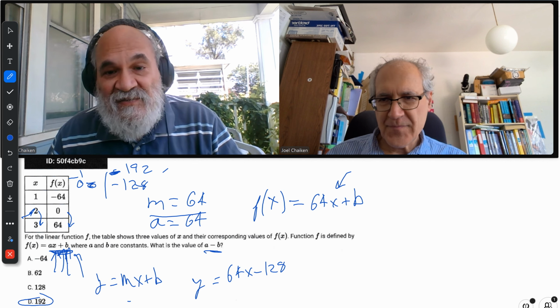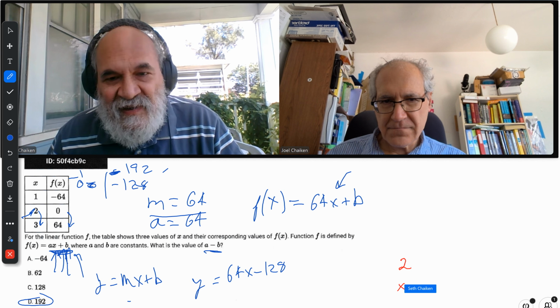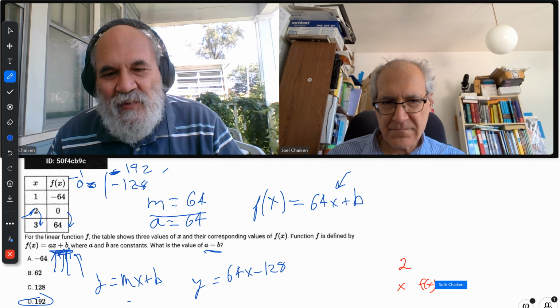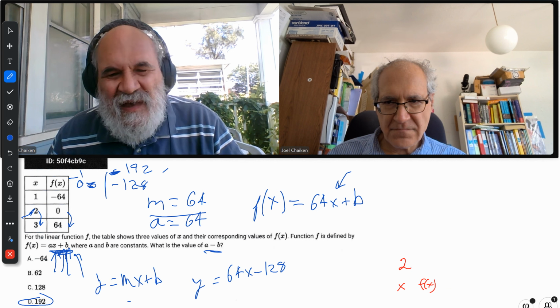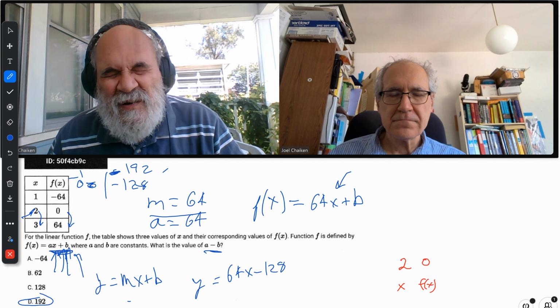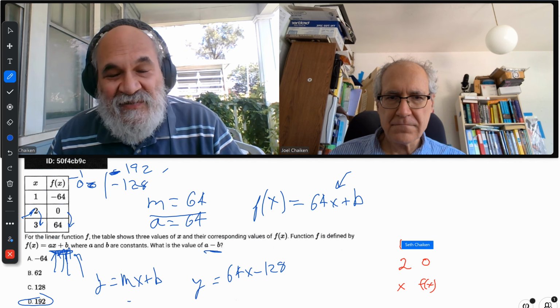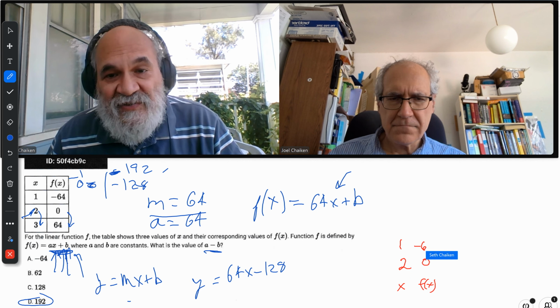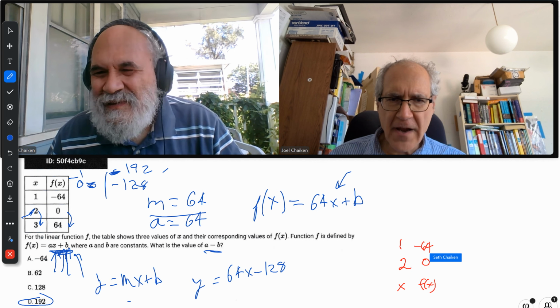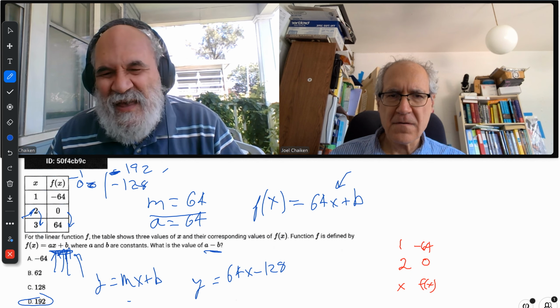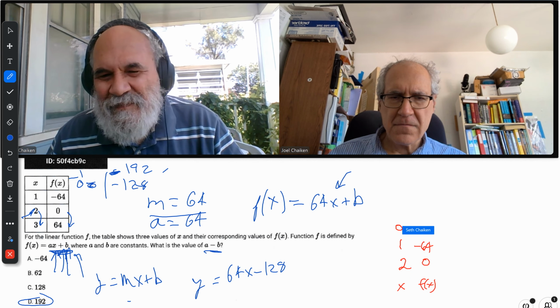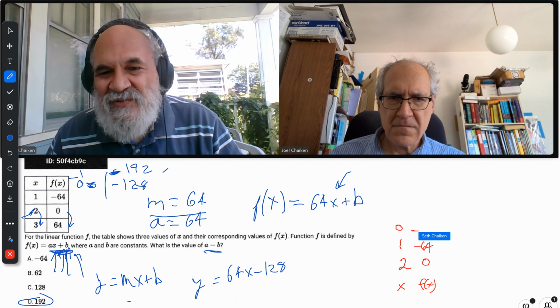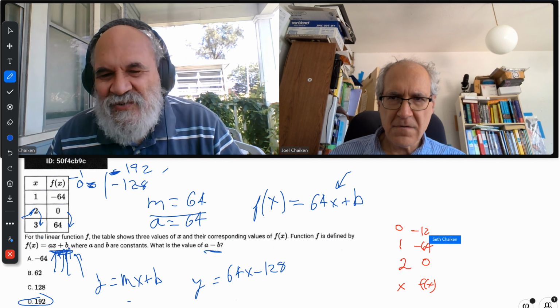Here's the table. This is the X column, and this is the f of X column. When X is 2, f of X is 0. When X is 1, f of X goes down by 64. So when X equals 0, the 64 goes down by another 64 to get 128.